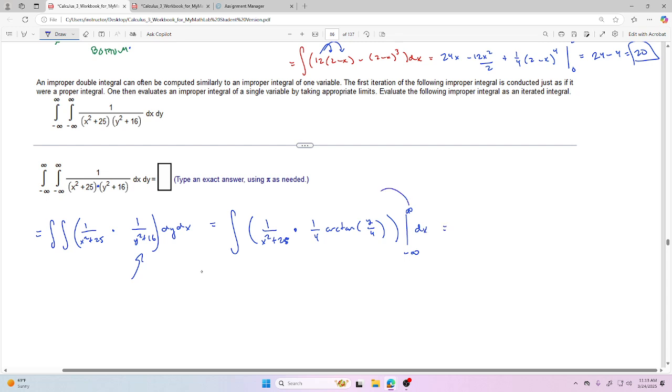But what if I plug in infinity or even negative infinity to arctan? Do you remember what values we get? Let's review. Arctan does this. Well, it's close. It's basically the same thing. But what are those horizontal asymptotes? Pi over 2.